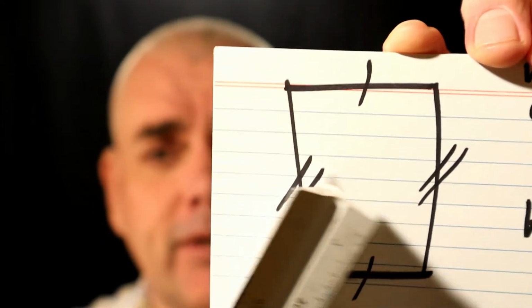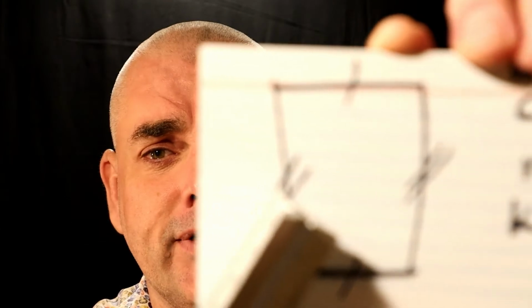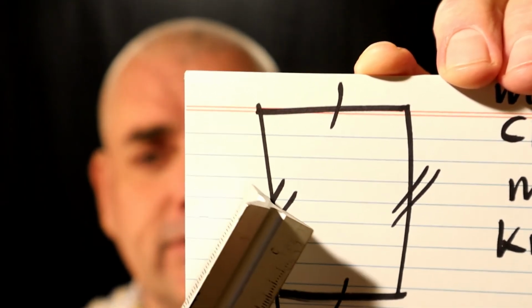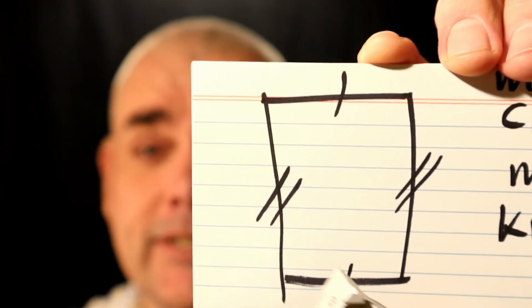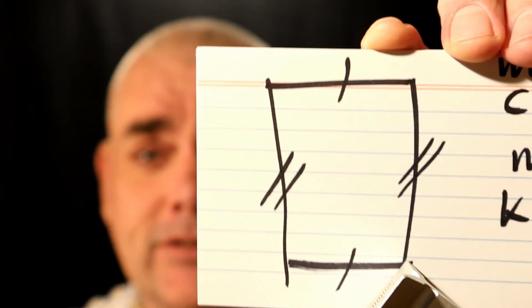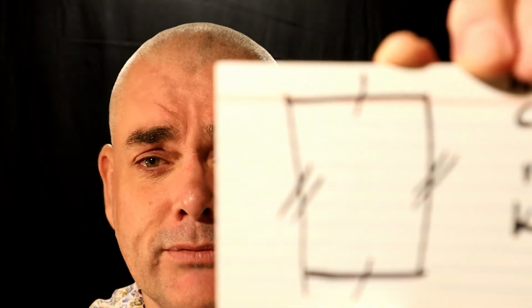And what we're looking for, I call them ticks. These ticks indicate that these two lines here are the same length. And when we're dealing with perimeter, we're adding up the outside lengths of all this shape here that forms a rectangle.